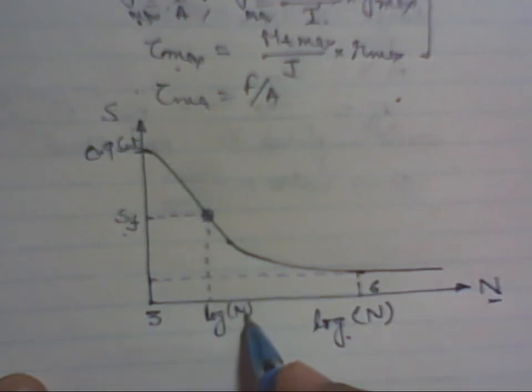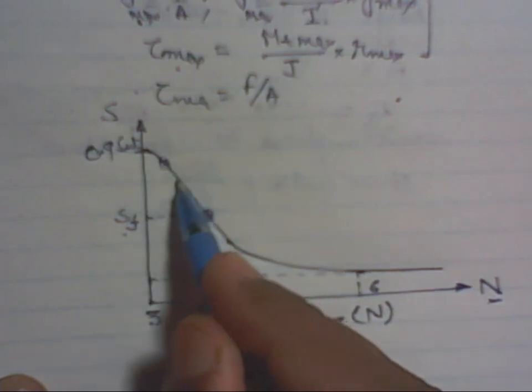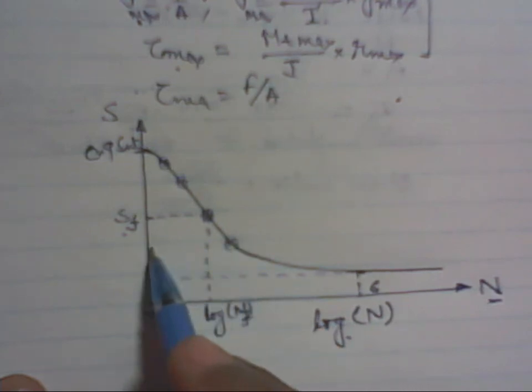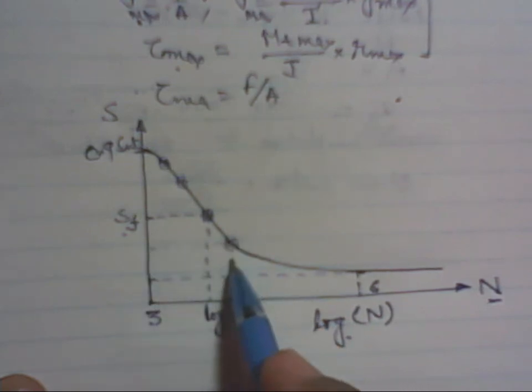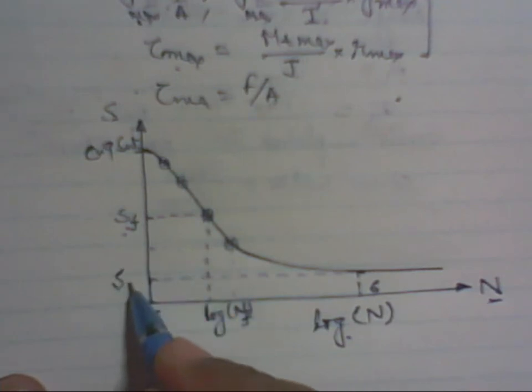So this many number of cycles this particular component will complete before failure. So we now have two salient points, and there can be infinite points on this curve. For each point we have two values, one is the stress and another is the number of cycles, and we have specific names for these points.